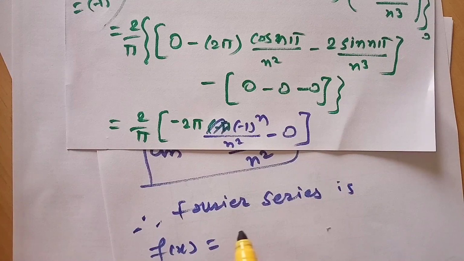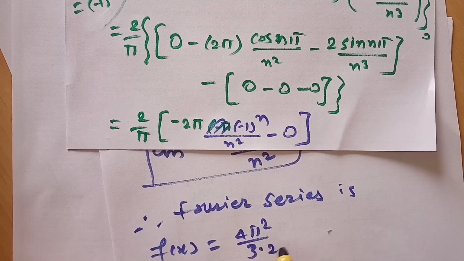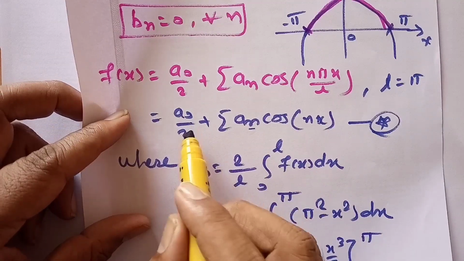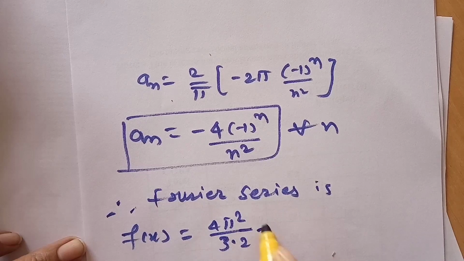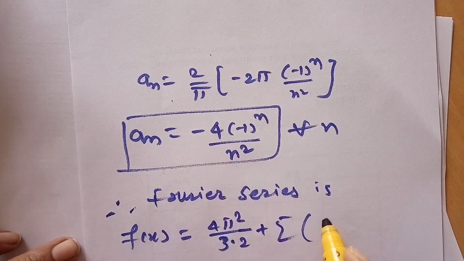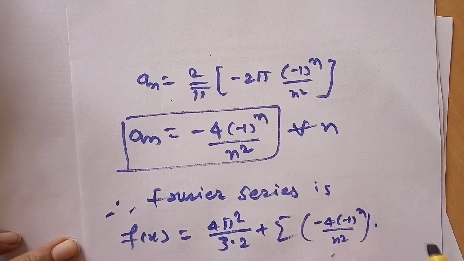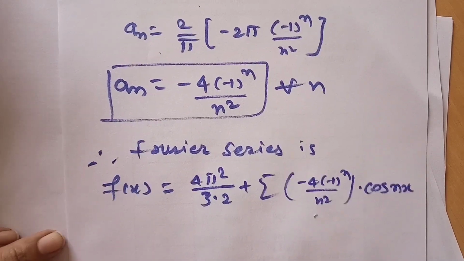And we have to write here a0 divided by 2, so 4 pi square divided by 3 into 2, because this is a0 divided by 2 here, total term a0 divided by 2 plus summation an. What is an? This is minus 4 minus 1 raised to n divided by n square into cos of nx.